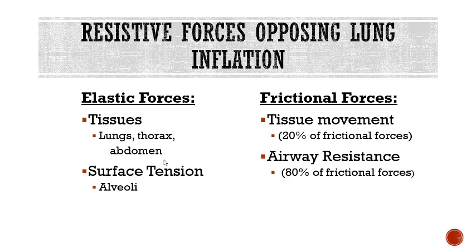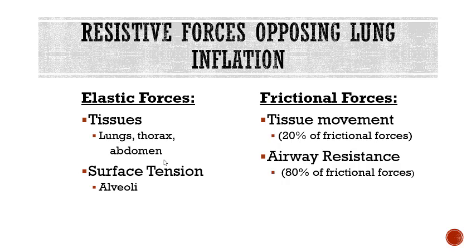All of those have a certain level of resistance. And if you start adding in mucus plugs or bronchospasm or airway inflammation, that airway resistance is going to increase. And that's going to oppose lung inflation. It's going to make it harder for your lungs to open up if these pathways are getting narrowed for a variety of reasons.